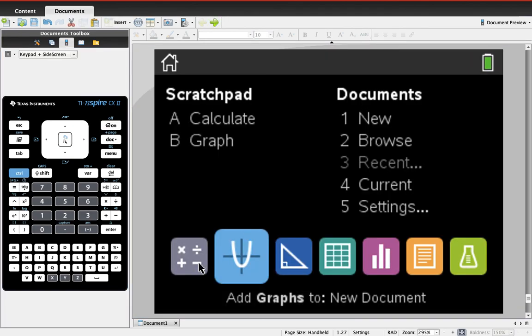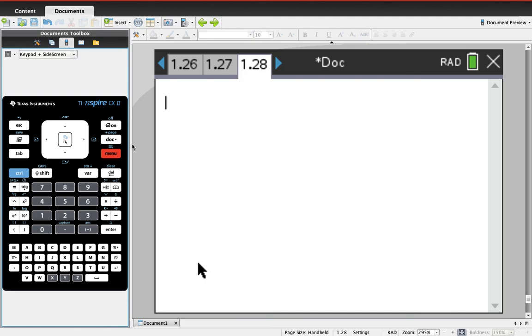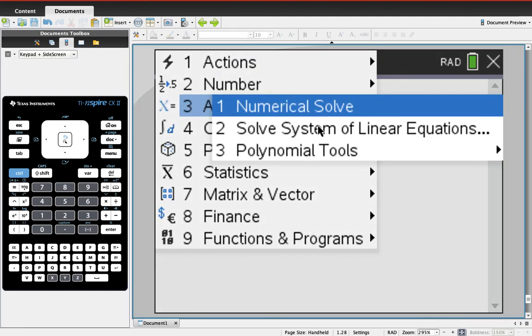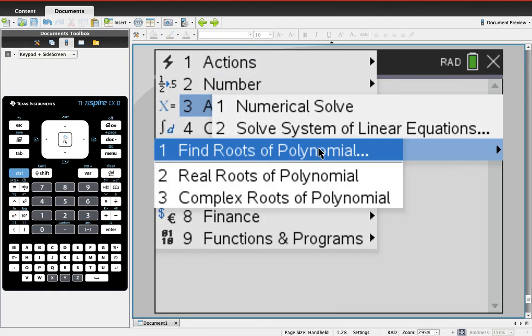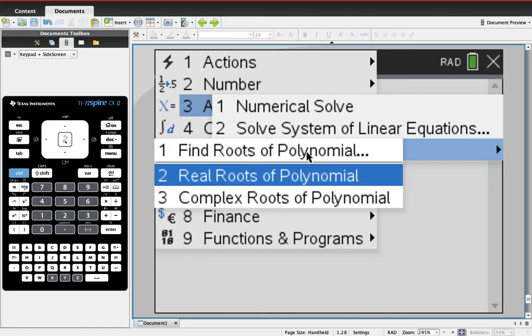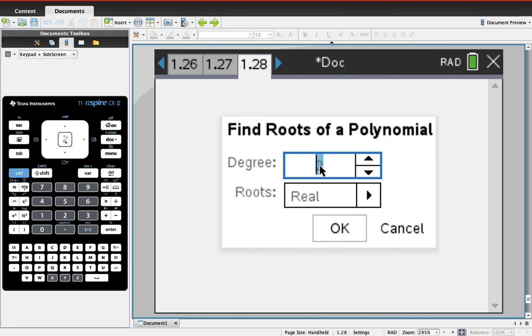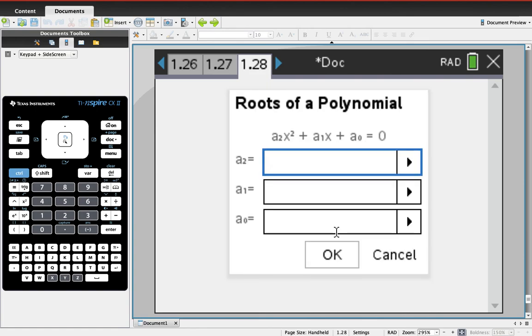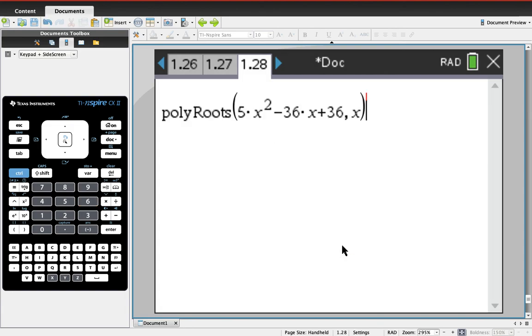If I'm looking for only x-intercepts, I can go to Menu, Algebra, Polynomial Tools, find the roots of a polynomial. So I'm going to go ahead and click that. I'm doing 2 degrees. And it's going to ask me to input the values. 5, -36, positive 36. I'm going to hit OK.